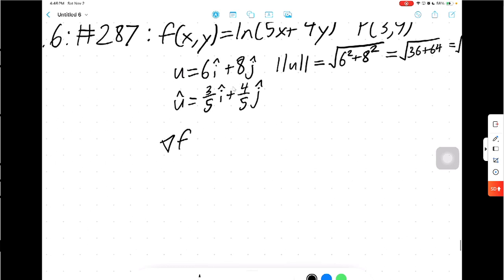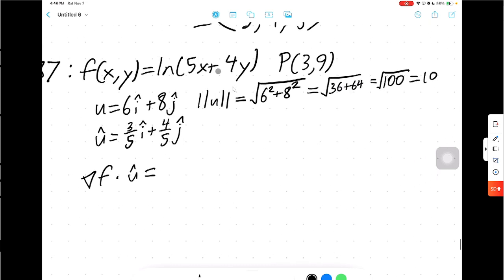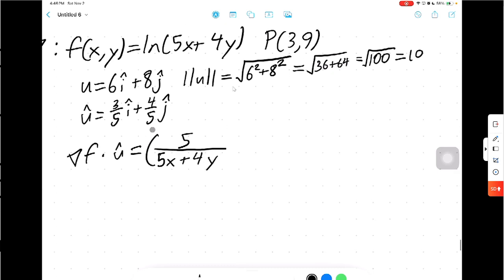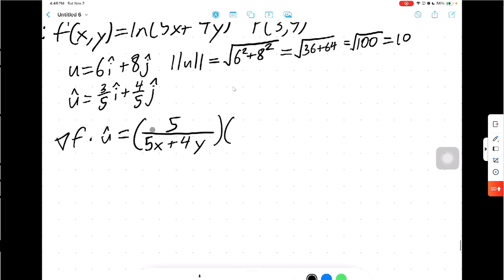So now our directional derivative is going to be the gradient of f dotted with the unit vector. So first the partial with respect to x: 1 over 5x plus 4y times the derivative of the inside, which is 5, times 3/5, plus the partial with respect to y.